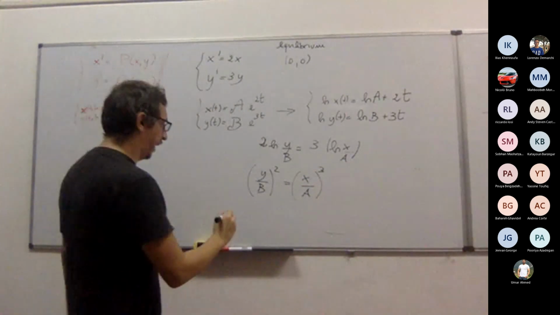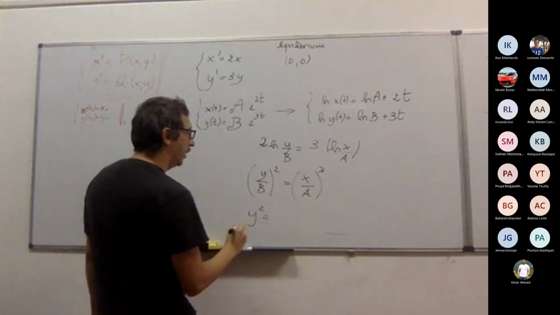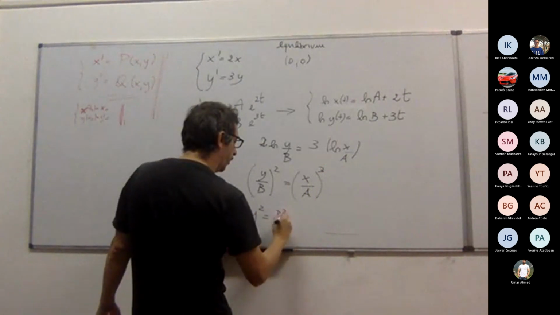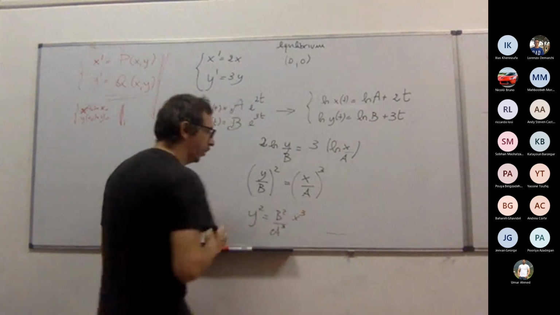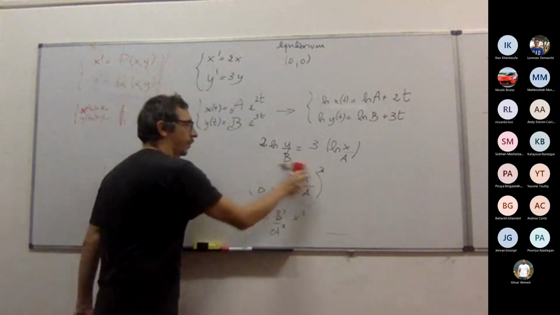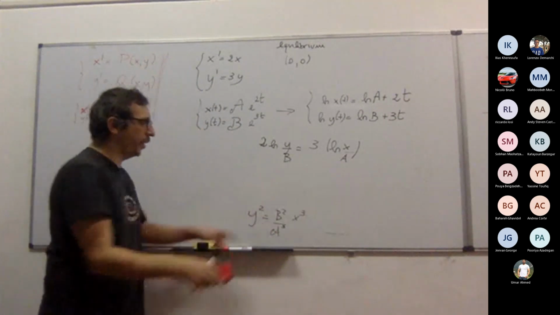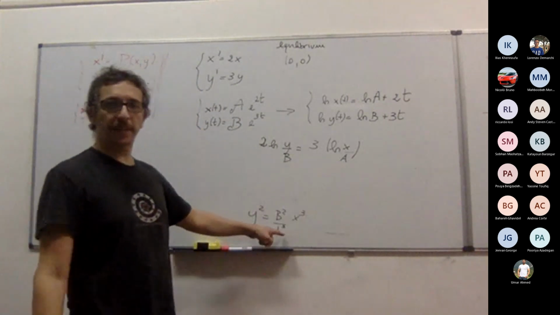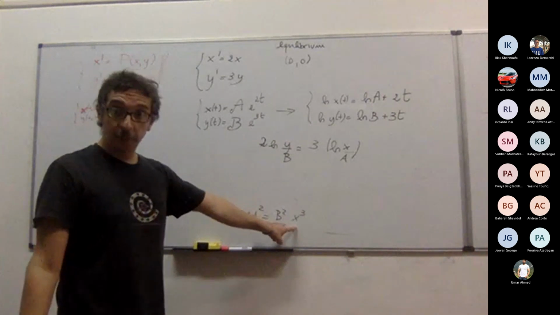If you want to write in a nicer way, you can write y squared equal to b squared over a cube times x cubed. So y squared equal to some constant, which depends on the initial data, times x cubed.